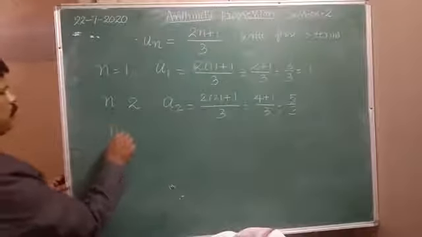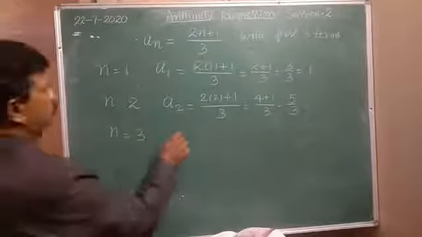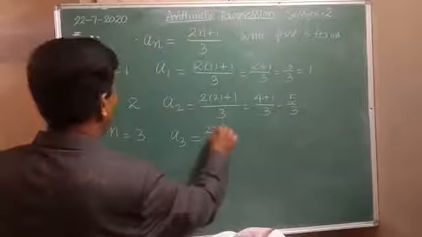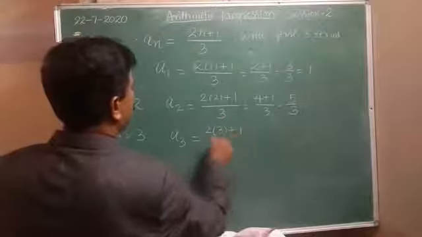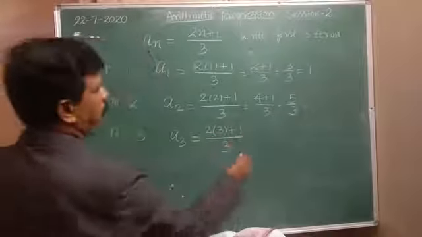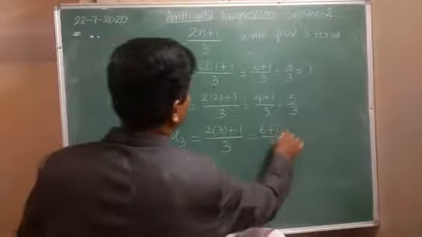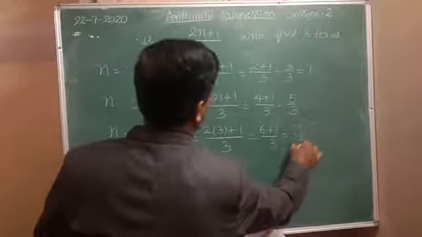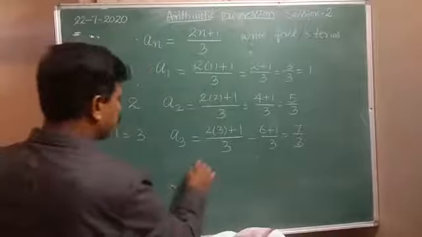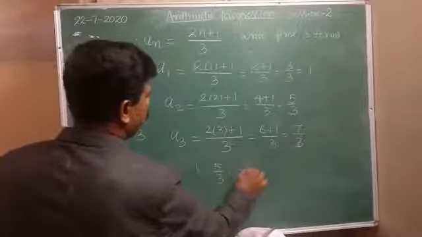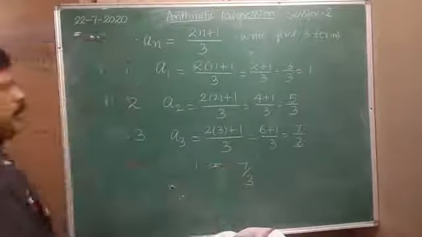And for the third term, n is equal to 3: a3 equals (2 of 3 plus 1) by 3, that is 6 plus 1 by 3, which is 7 by 3. These are the three terms: 1, 5 by 3 and 7 by 3.